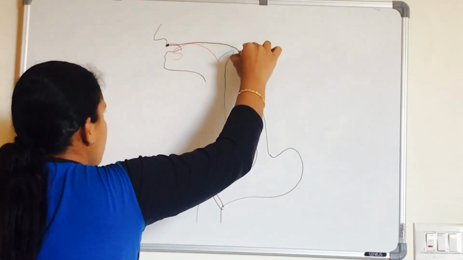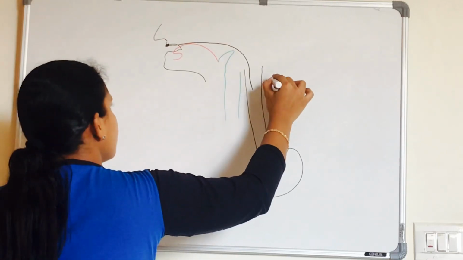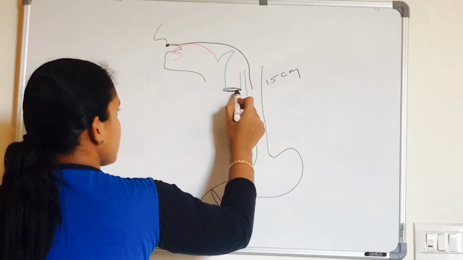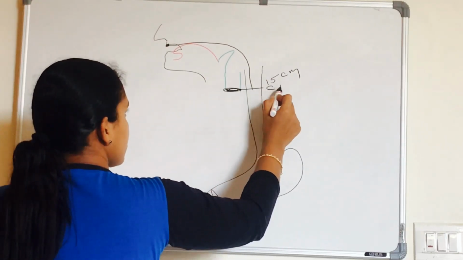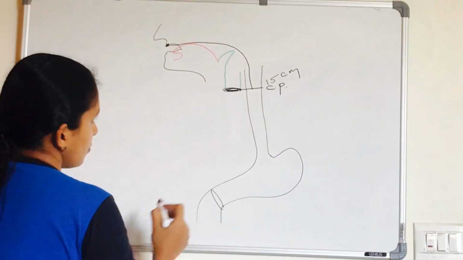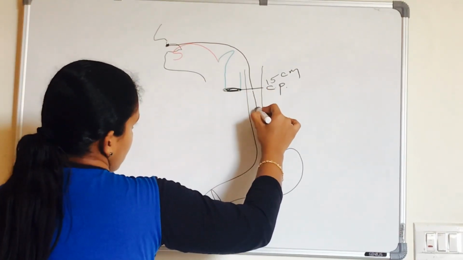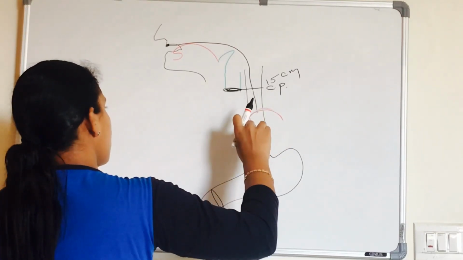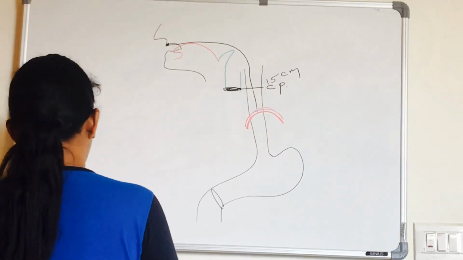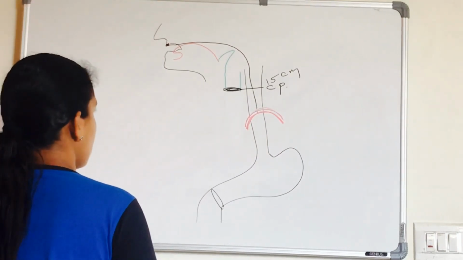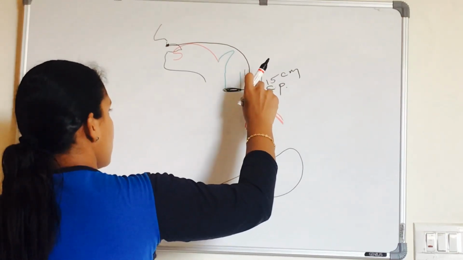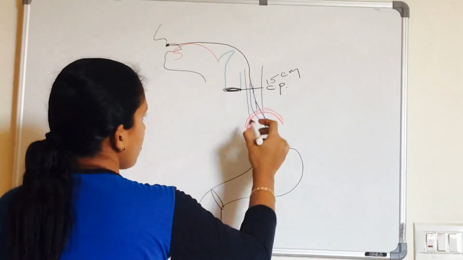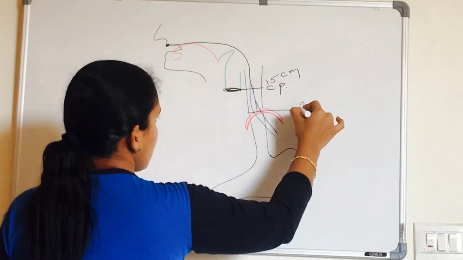So while introducing the esophagoscope, there is first a constriction at the level of the cricopharyngeal sphincter, that is at the level of C6, where the cricoid cartilage is present, and that is 15 centimeters from the incisor tooth. And when you go down around the level of 23 centimeters, there is again a constriction due to the crossing of the aorta and left main bronchus.